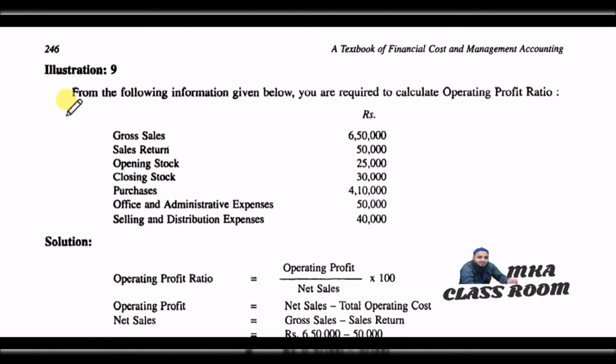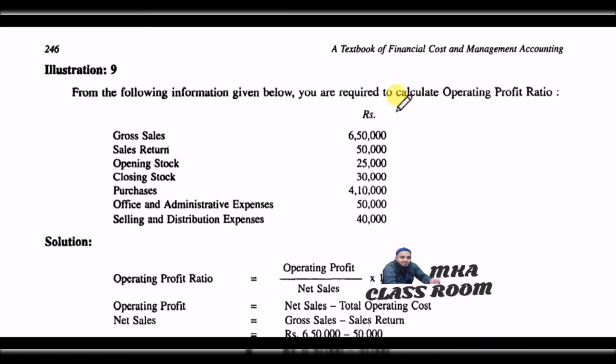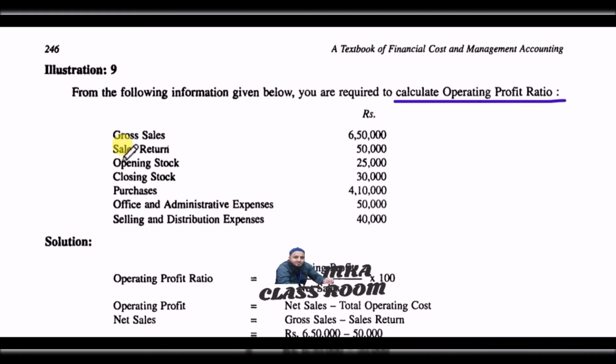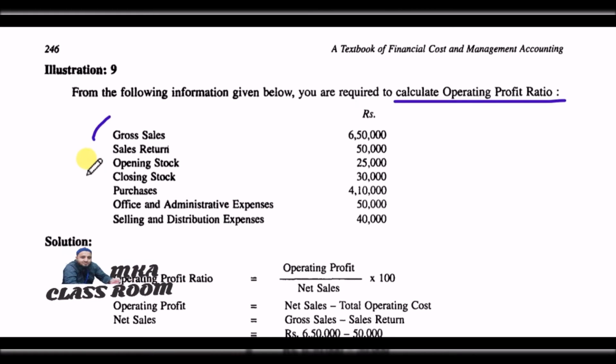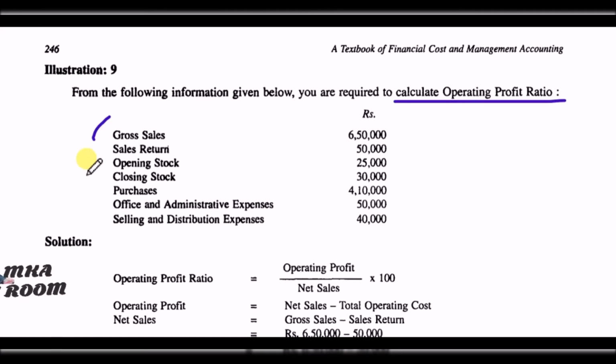Then here is an example. From the following you have to calculate the operating profit ratio. Here are the gross sales, return, opening stock, closing stock, purchase, administrative expenses, and selling and distribution expenses.